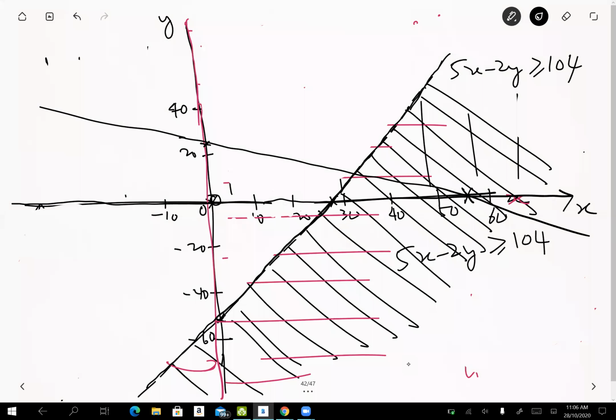So this is 3x plus 7y equal to 170. So label the equation so that you know which equation is which line. So that is the purpose.